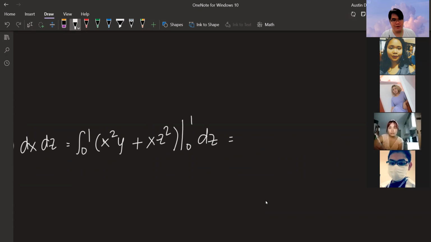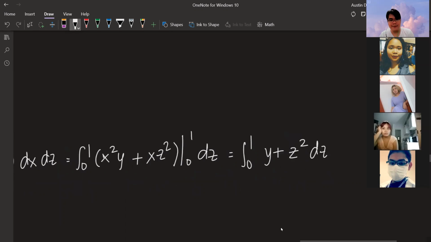So yung second term wala na. So evaluate na lang natin sa 1 natin, sa upper bound natin. So ang matitira will be y plus z squared. Sorry. Okay, y plus z squared tapos dz.